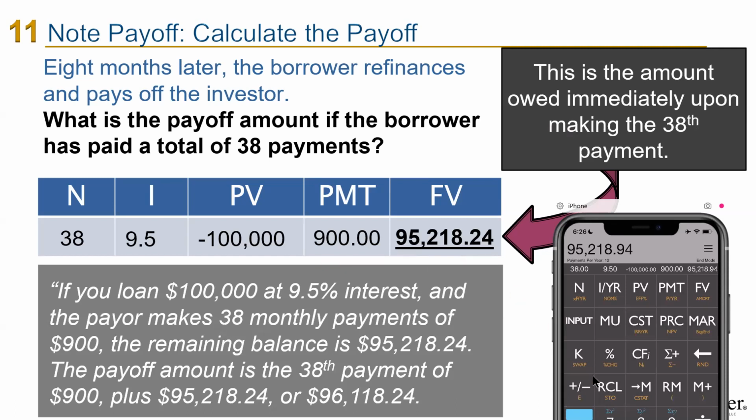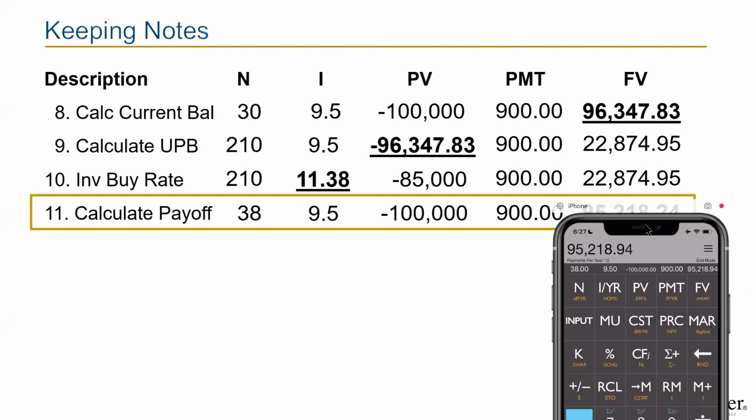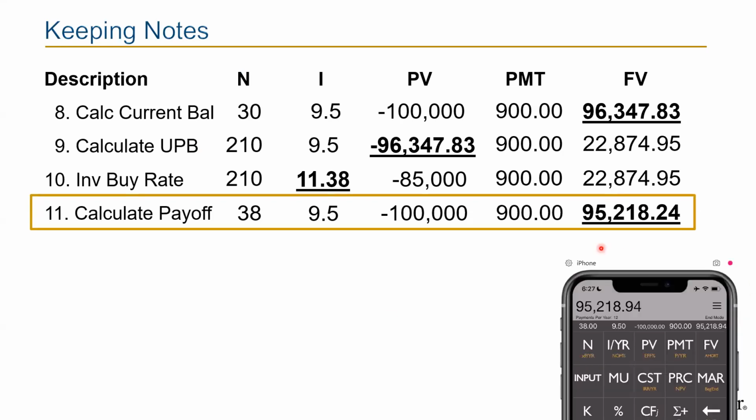So if you loan someone $100,000 at 9.5% interest, and they make 38 monthly payments of $900, the remaining balance is $95,218.24. The payoff amount is the 38th payment of $900 plus this $95,000. Okay, so let's put that on our notes, and that's what that looks like.